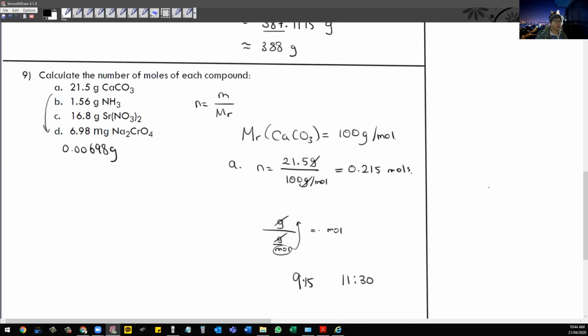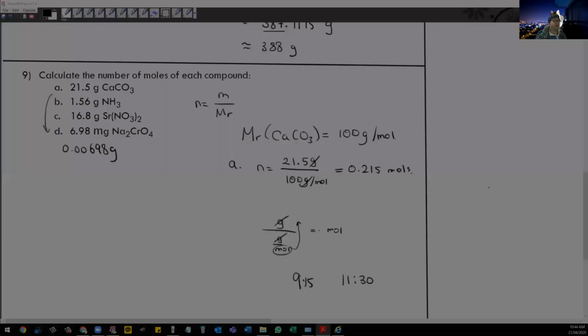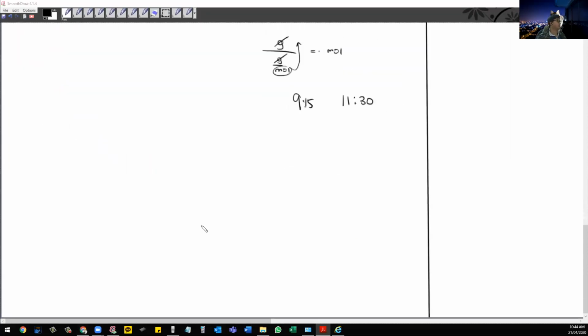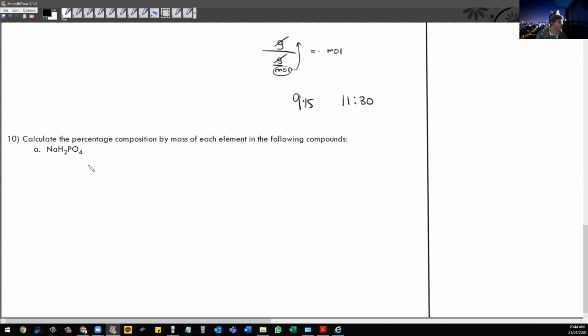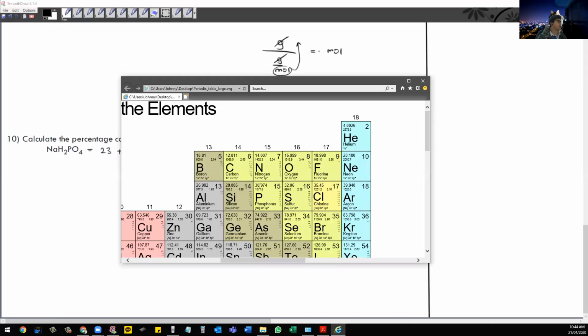Now, moving on to question 10. It says, calculate the percentage composition of this substance right here. Let's figure out the molar mass of this whole thing. This is approximately 23, sodium is 23, plus 2 from the 2 hydrogens, and phosphorus is about 31.